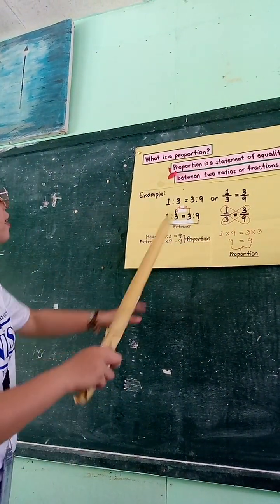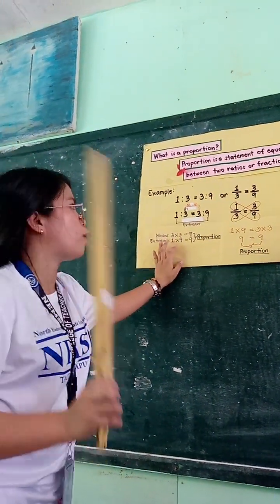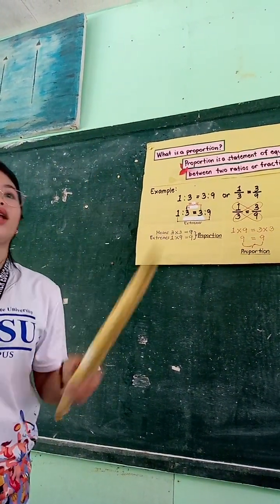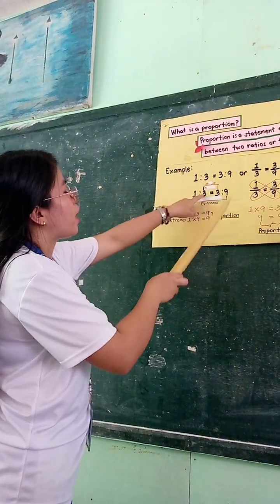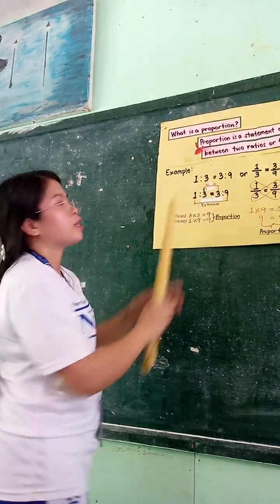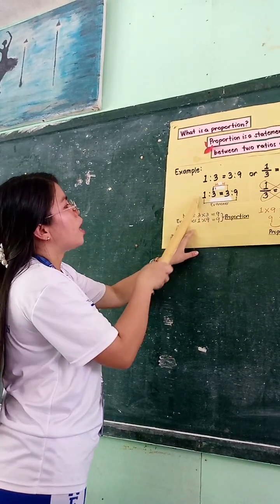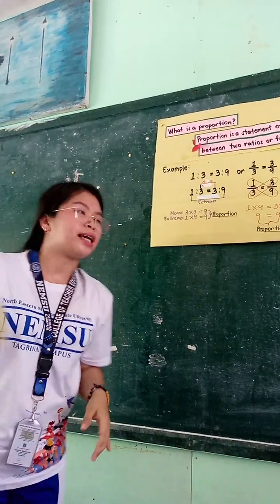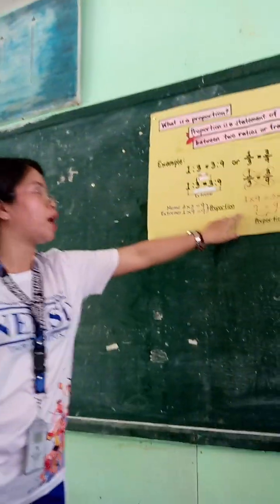So to know if it is a proportion, if it is in column form, we are going to multiply the means and the extremes. So 3 times 3, 9. So 1 times 9, 9. So this means that these ratios are in proportion.